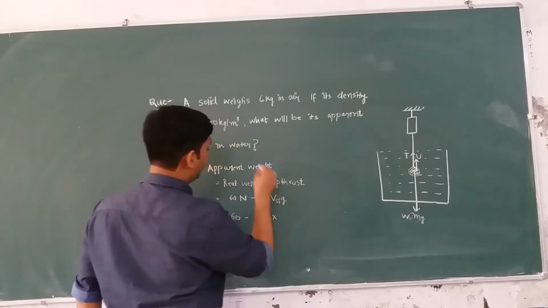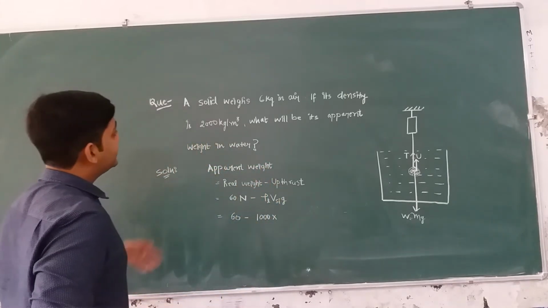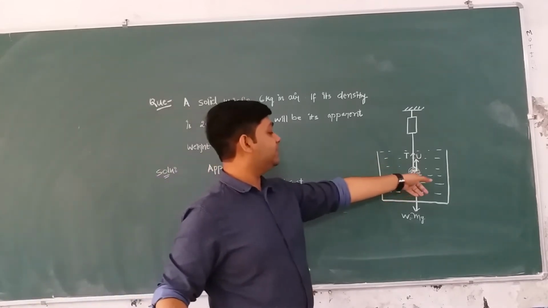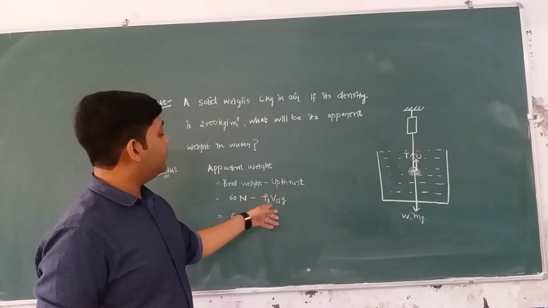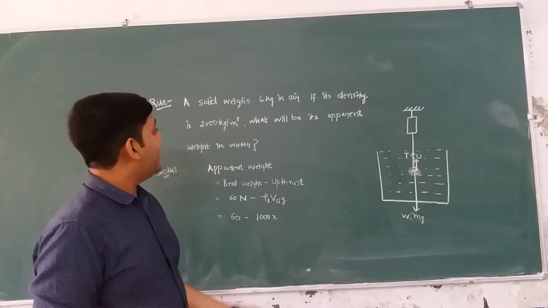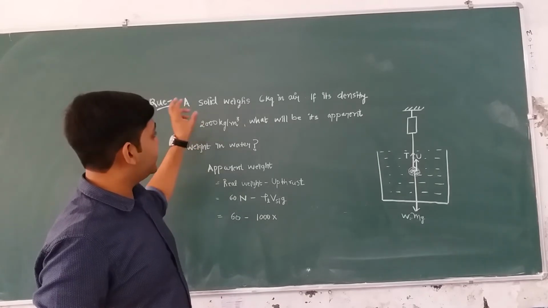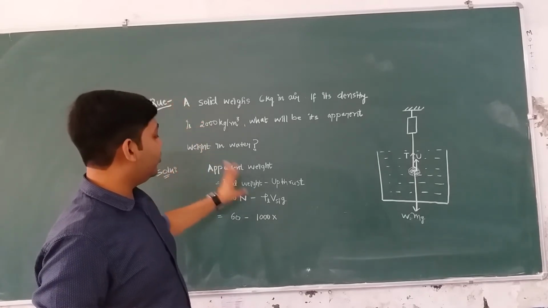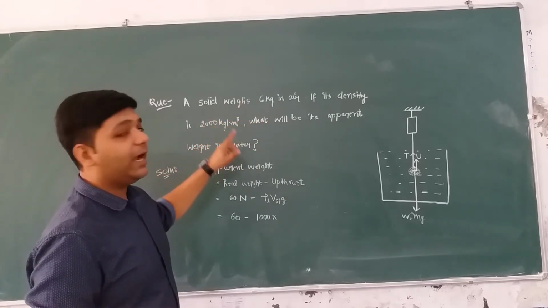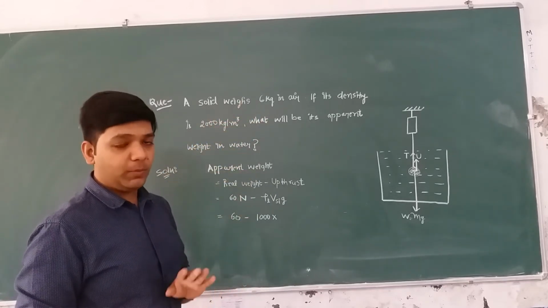Okay. Volume of the solid immersed. Since the complete solid is immersed in water, so volume of solid immersed will be equal to volume of the solid, right? And now we need the volume of the solid, but we don't know the volume of the solid, but we know its mass and density, and we know one relation, density is equal to mass upon volume.